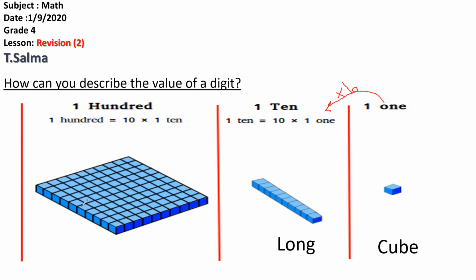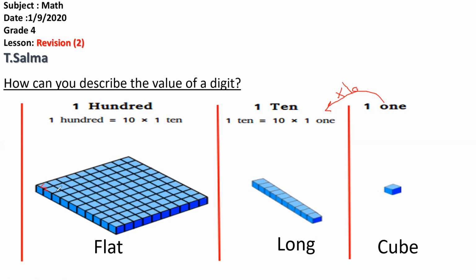Now, what about the hundreds? If I want to describe the value of the hundreds digit, I use a flat. Each flat consists of 10 longs, right? Look at this flat.